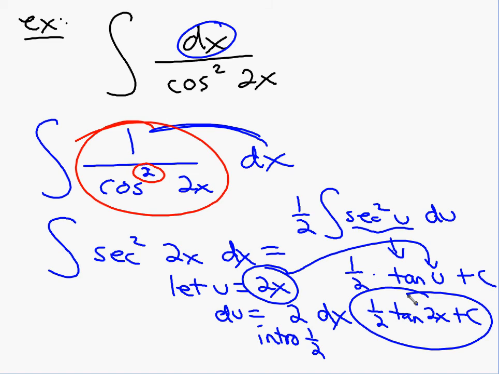So, and there are some other trig identities. I said this would be the last one, but let me do one more. Just trying to help you as much as I can with these trig identities. What if I had the integral of cosine cubed x dx?